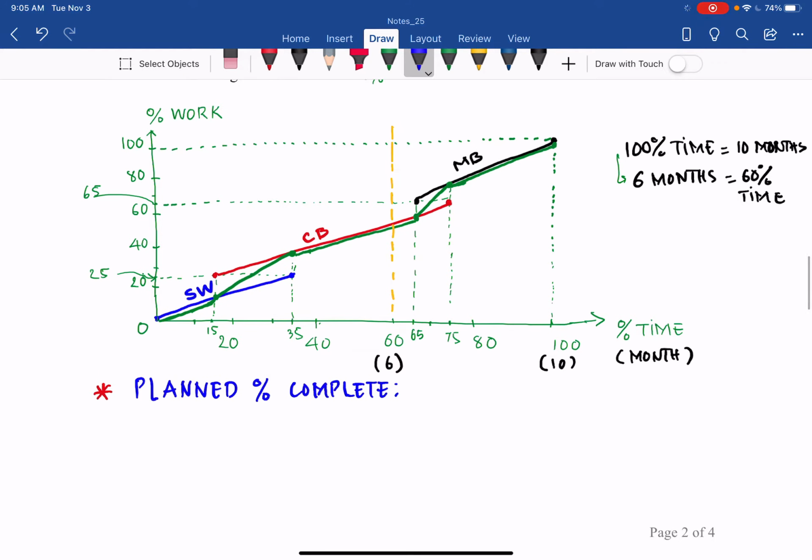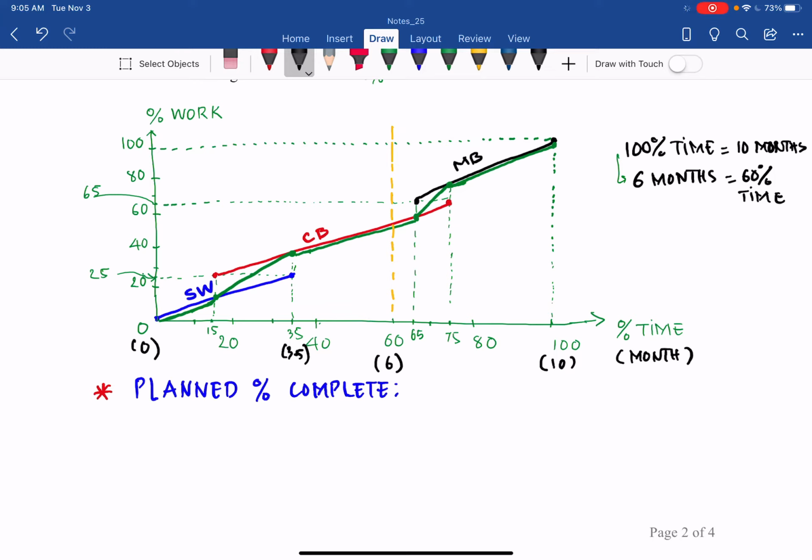The actual may not be the same as your plan, it is always like that. So for 6 months, and of course 0 is equivalent to 0 months, in 6 months we plan to finish 100% of site work, because we plan to finish from month 0 to month 3.5. After 6 months, we're supposed to complete the site work.